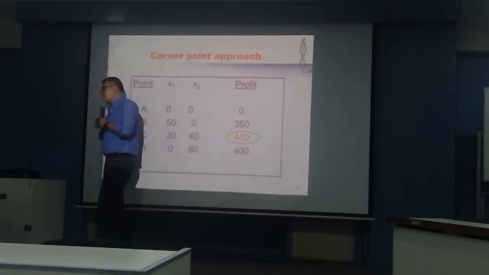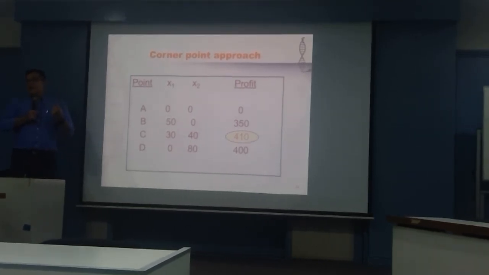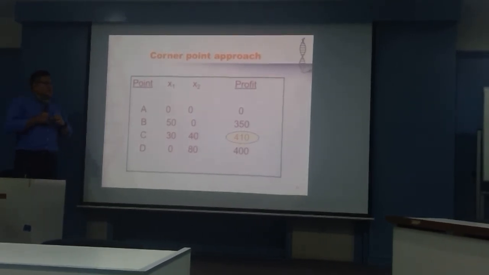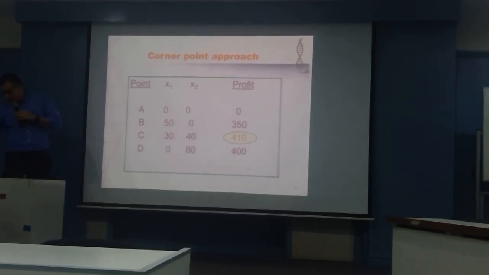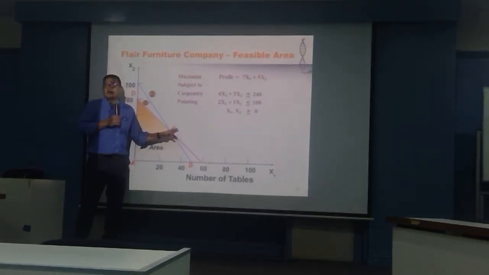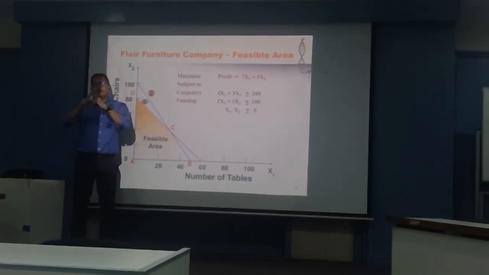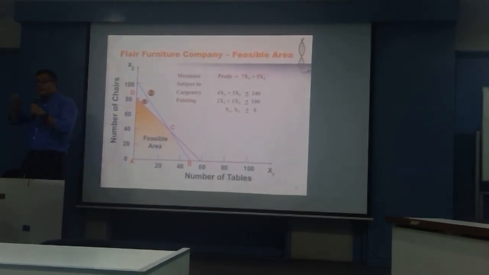You can see the corner point approach is quite easy, but it has one drawback: what happens if you have more than 2 constraints? In this example, you have just 2 constraints, so you have only one cutting point. But if you have, let's say, 6, 7, or 10 constraints, you can have a lot of cutting points, and when you try to solve for the coordinates of each corner point, you can spend a lot of time.